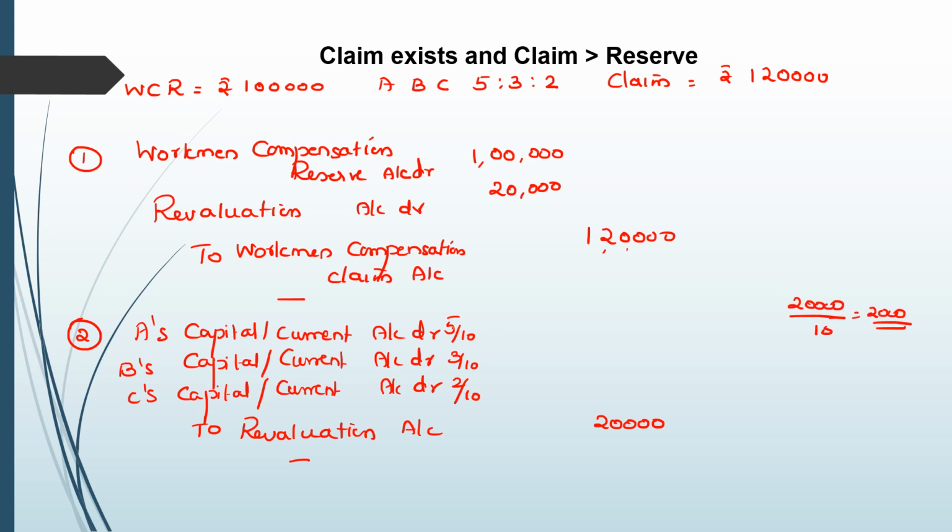So 2,000 into 5, 10,000 is debited to A, 2,000 into 3, 6,000 is debited to B, and 2,000 into 2, 4,000 is debited to C. So this is how we deal with where the claim is more than the reserve. I hope with this calculation you have understood how we pass two entries only in this circumstance, and also have understood the different ways in which we deal with the reserve.